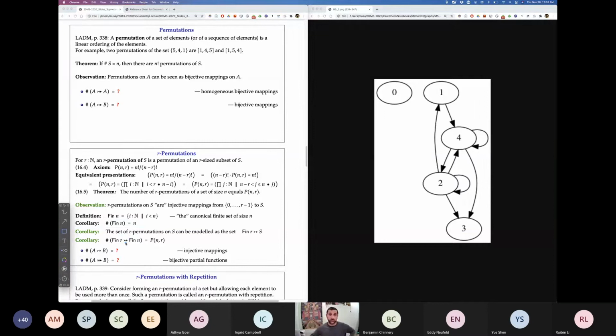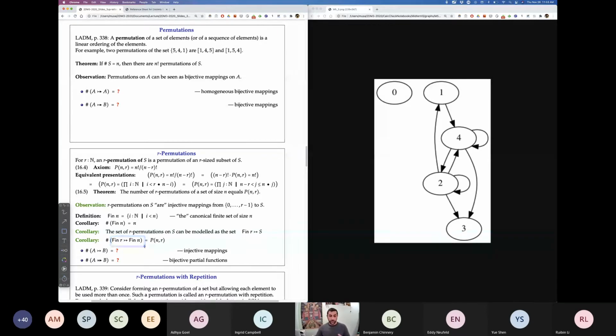Total and univalent means for every input, there's exactly 1 output. And this curvy angle at the back means it's injective. So this is total, univalent, injective. That means different things go to different outputs, and everything has a unique output. So we're saying, given any number from 0 to r minus 1, I'm going to give you exactly 1 number from 0 to n minus 1, and different numbers will go to different numbers.